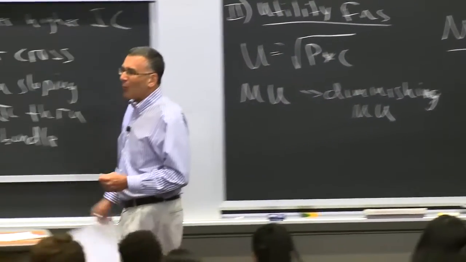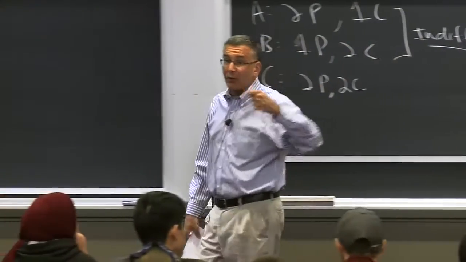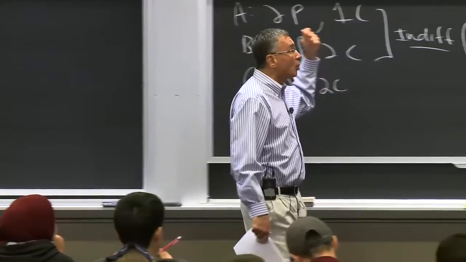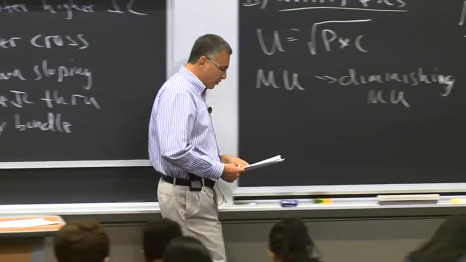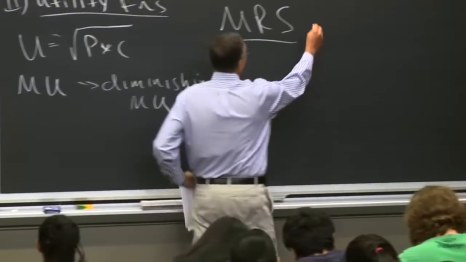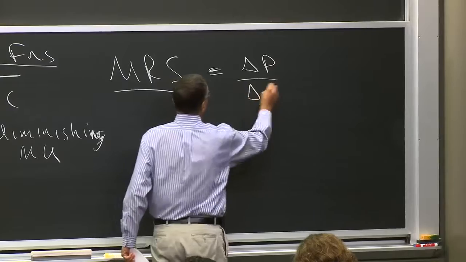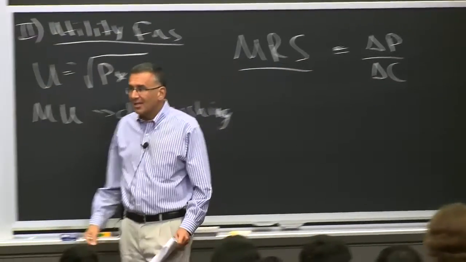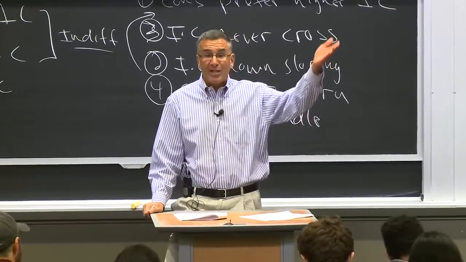The rate at which you're willing to substitute one good for the other. The rate at which you're willing to substitute cookies for pizza is your marginal rate of substitution. We'll define that as the slope of the indifference curve, delta P over delta C. That is your marginal rate of substitution.